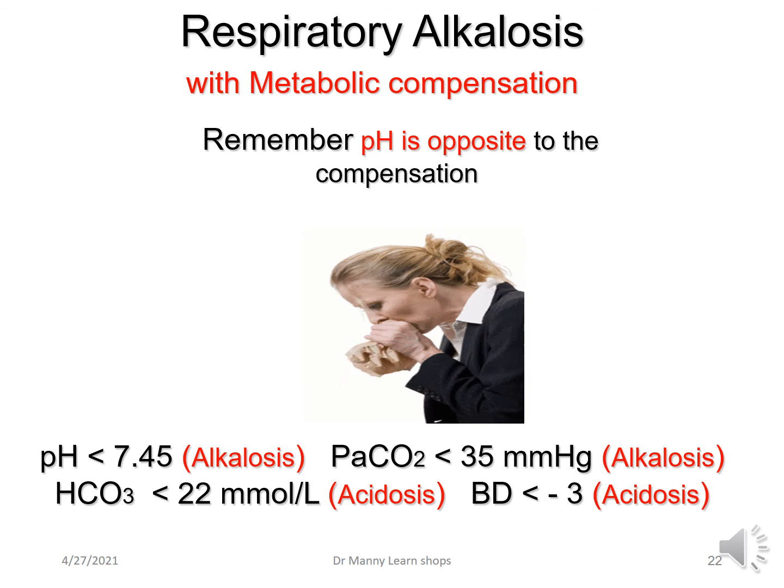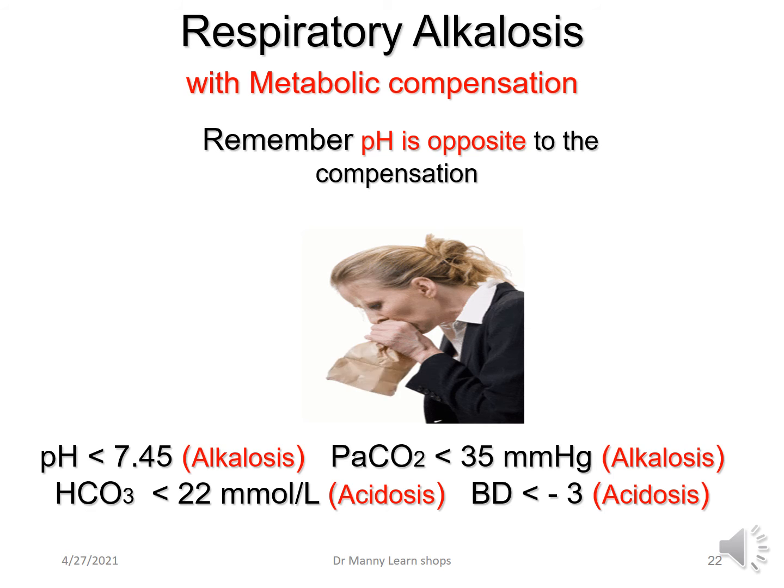In respiratory alkalosis with metabolic compensation, remember again, the pH is opposite to the compensation. The pH tells the story. Less than 7.45 is alkalosis. PaCO2 less than 35 is alkalosis. However, the bicarbonate is reflecting a bicarbonate less than 22, which is acidosis.